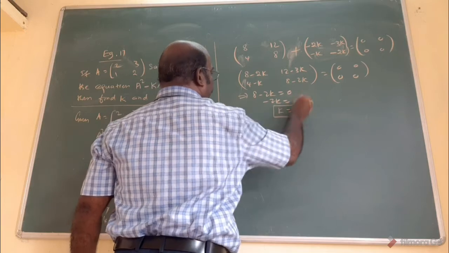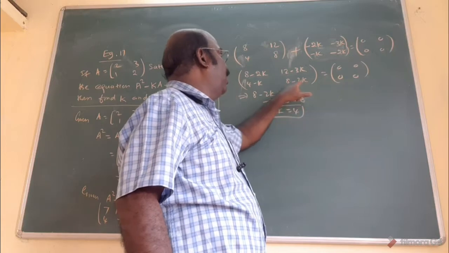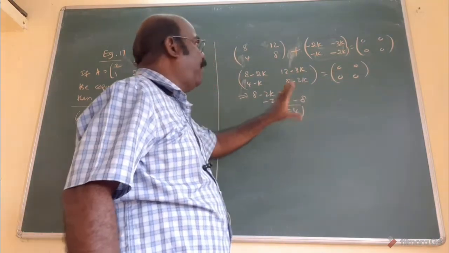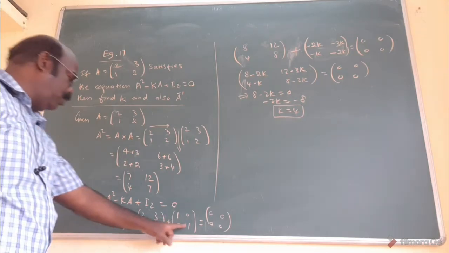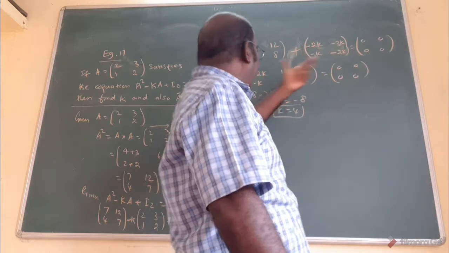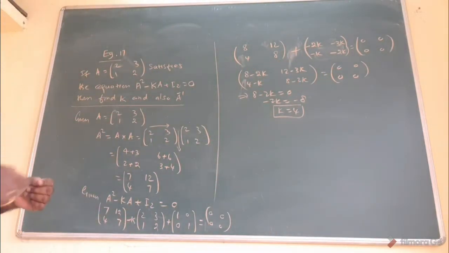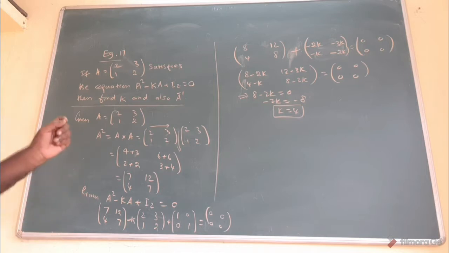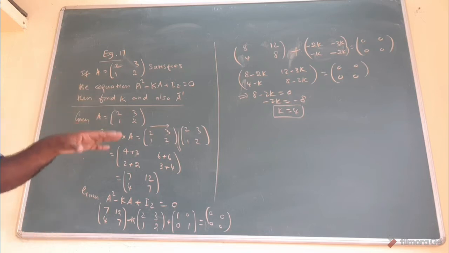This is the answer. Whatever may be, equating first with first, or third equal to 0, or fourth equal to 0, K value is 4 only. Am I right? First adding these two, afterwards put plus sign, multiply minus K, again adding. When two matrices are equal, the corresponding values should be equal. You will equate second with second, or third with third, or fourth with fourth, definitely K will be equal to 4.